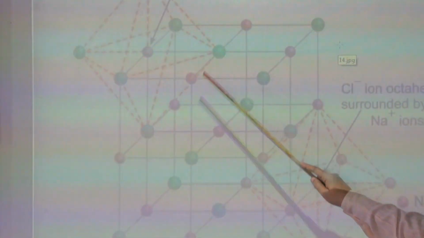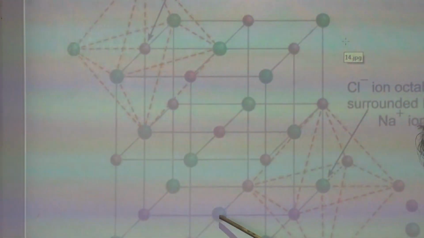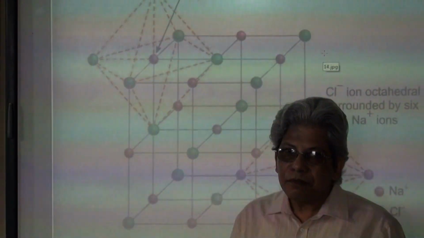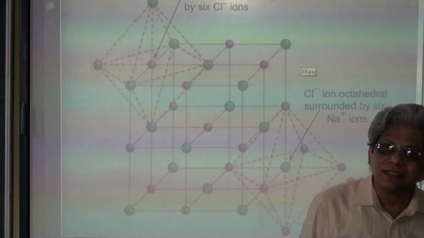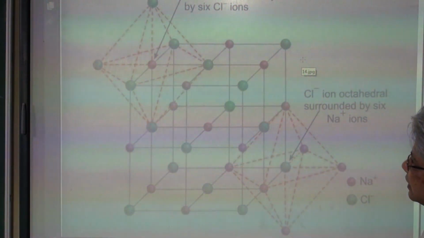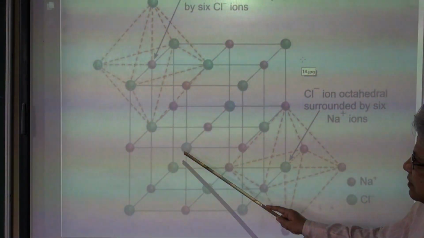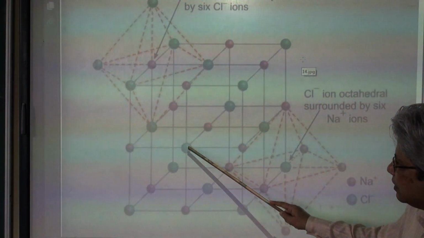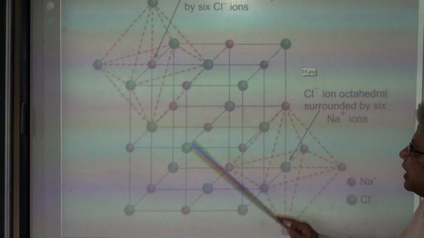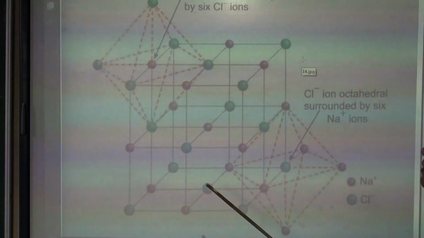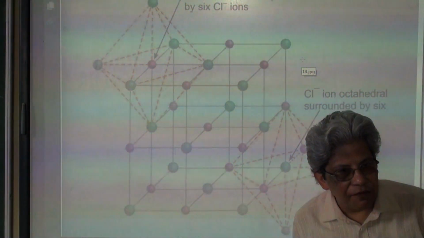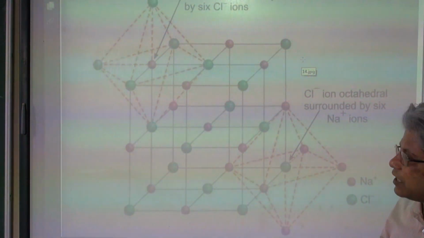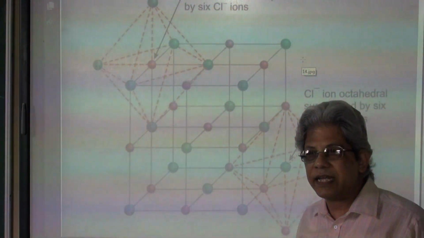Besides that, we have 6 chloride ions present at the centers of the 6 faces. And what we have learned in the previous class, each face is shared by 2 cubes, so half of each is actually part of the unit cell. 6 of them are there, so 6 multiplied by half, we get 3. So altogether 1 plus 3, 4 chloride ions present in the unit cell.